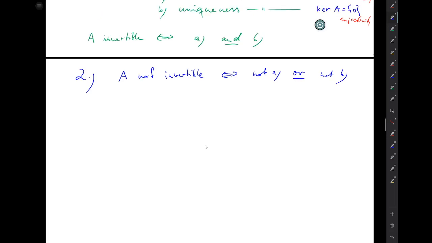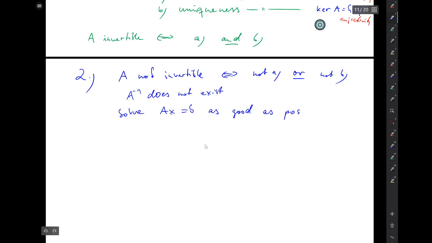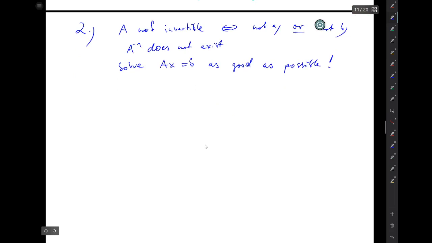Well, obviously there's no inverse of A, right? So A inverse does not exist. Okay, still try to solve Ax = b as good as possible. That's the job. Let's do it.